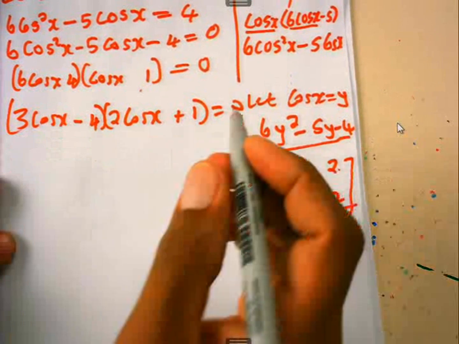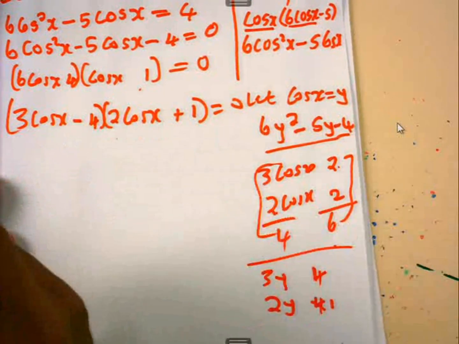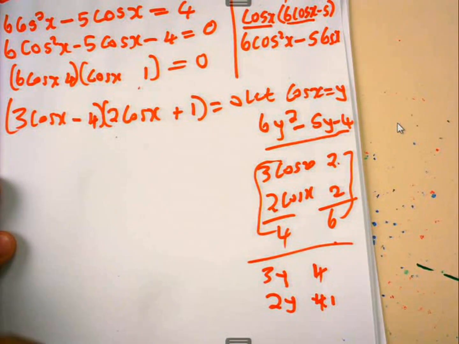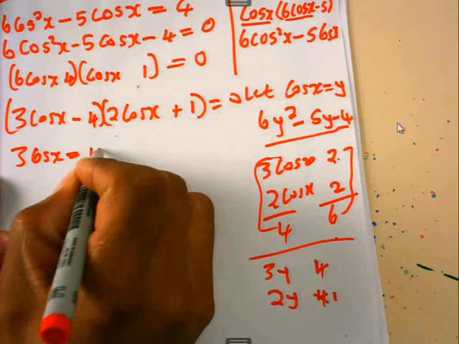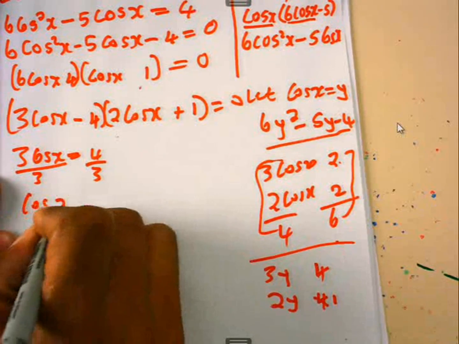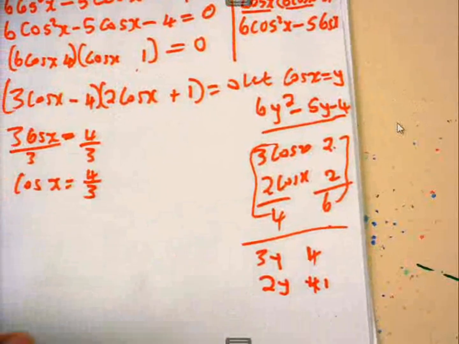Once you are at this stage, you can say 3 cos x minus 4 is equal to 0. Then you transpose 4 to the other side, so 3 cos x is equal to 4. We divide by 3, then cos x is equal to 4 divided by 3.